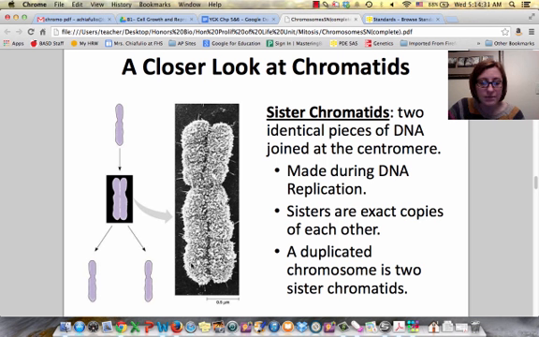This side is identical to this side. They are genetically the same. And so they're going to line up during metaphase, and then in anaphase, they're going to split. So into this cell, you're getting the same code and pieces of DNA and genes that are going into this cell. Eventually that's going to be the end result there.